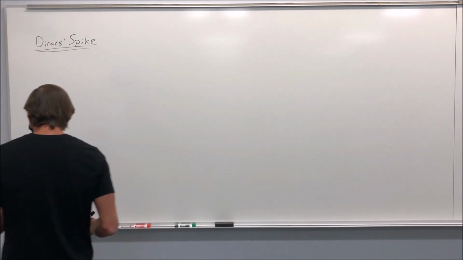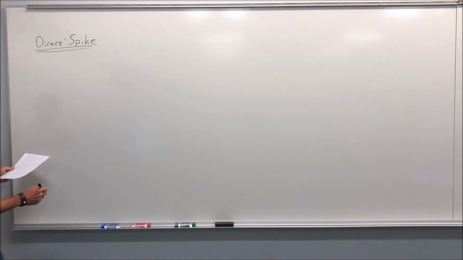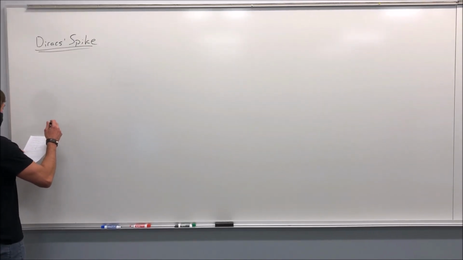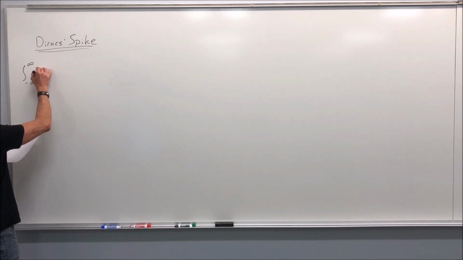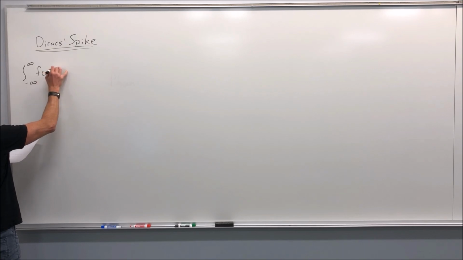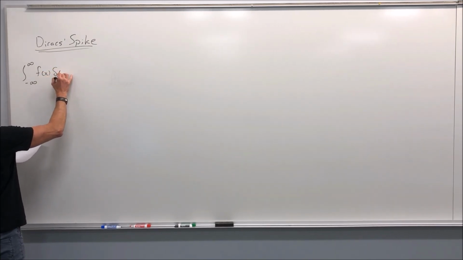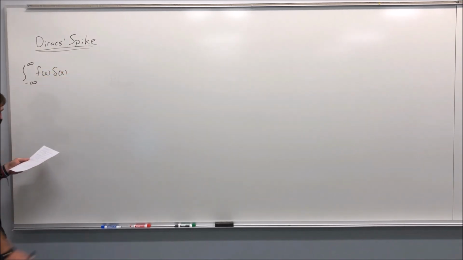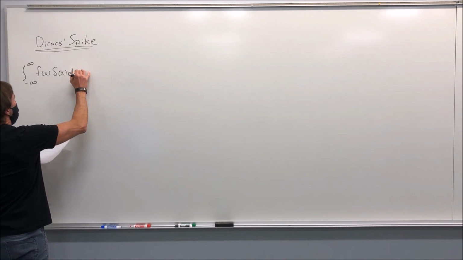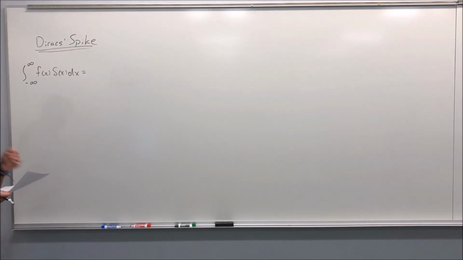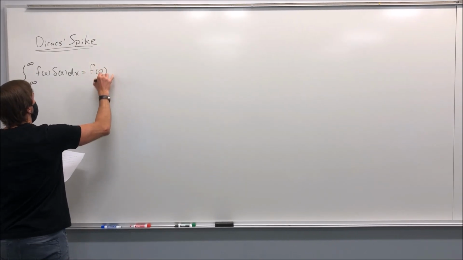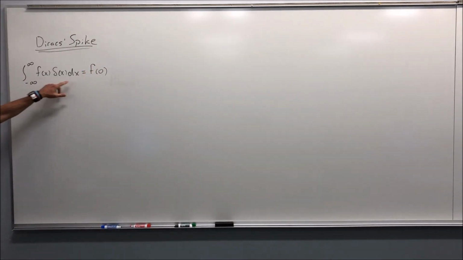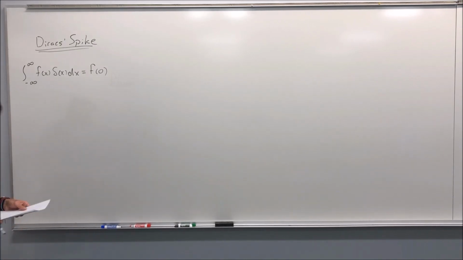So we're going to get started though with the delta function, and you should all be familiar with 2 of the defining properties of the delta function. That is, if I do an integral of a function of x multiplied with the delta function over dx, then this should give me the value of the function at x equals 0.